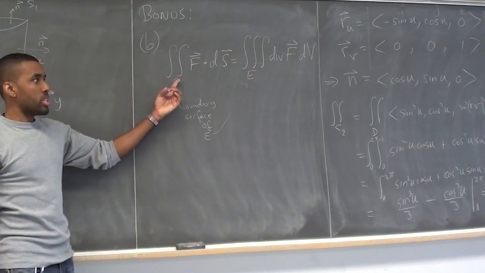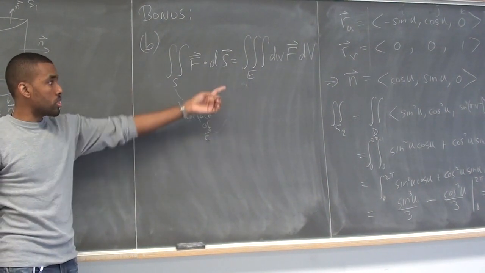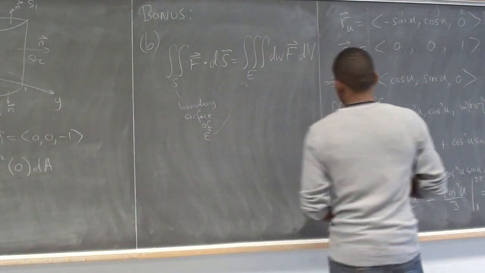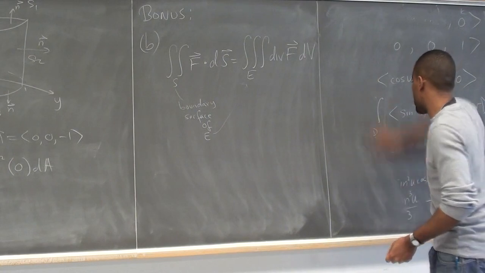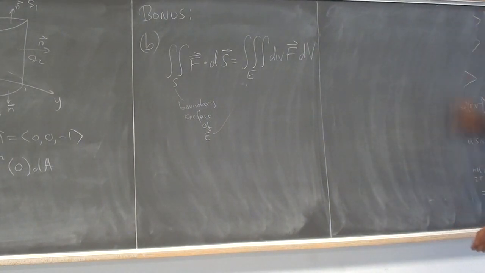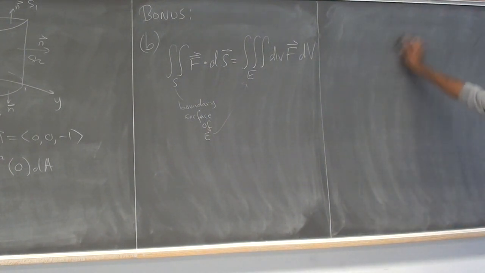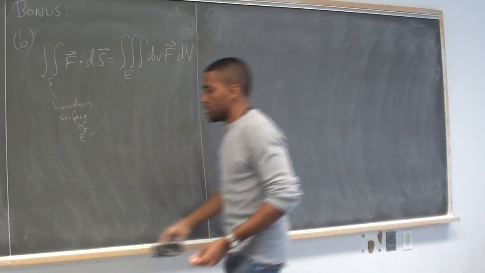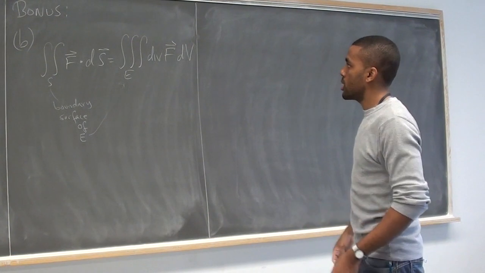So you're relating a line integral over the boundary of a surface to the surface itself, some scalar integral over that. That's basically the underlying theme between Green's theorem, Stokes theorem, and divergence theorem. So some line integral on the boundary is equivalent to a scalar integral over the thing that the boundary encompasses.